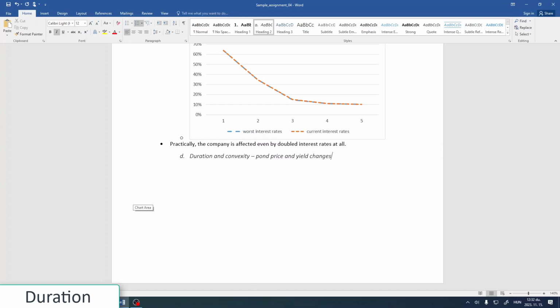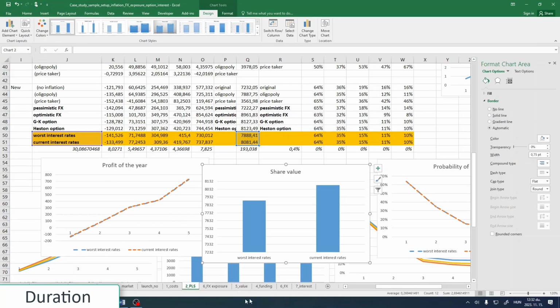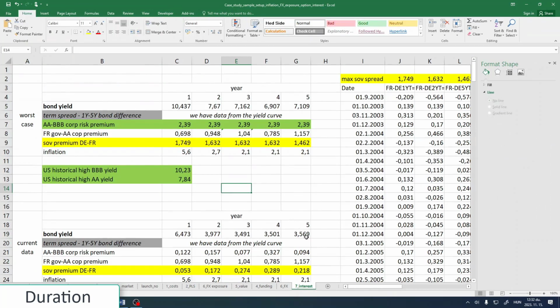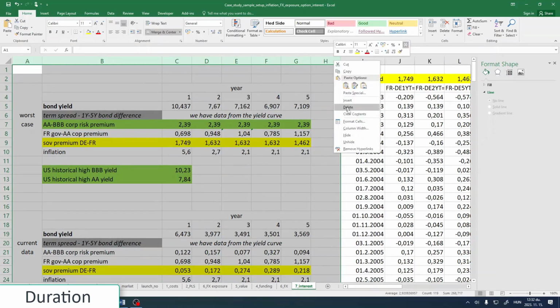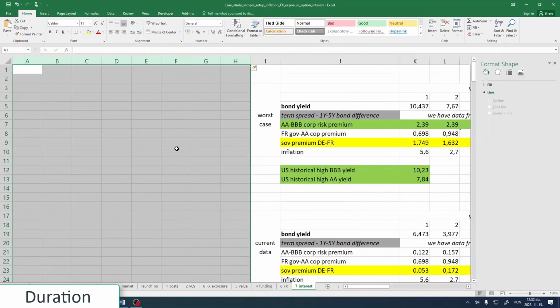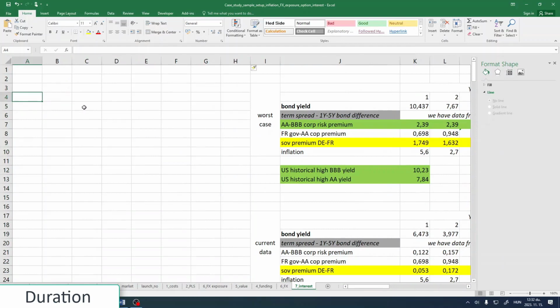Bond price and yield changes. So first of all we need to calibrate. Let's go back to the already saturated interest spreadsheet, and let's add additional tables.